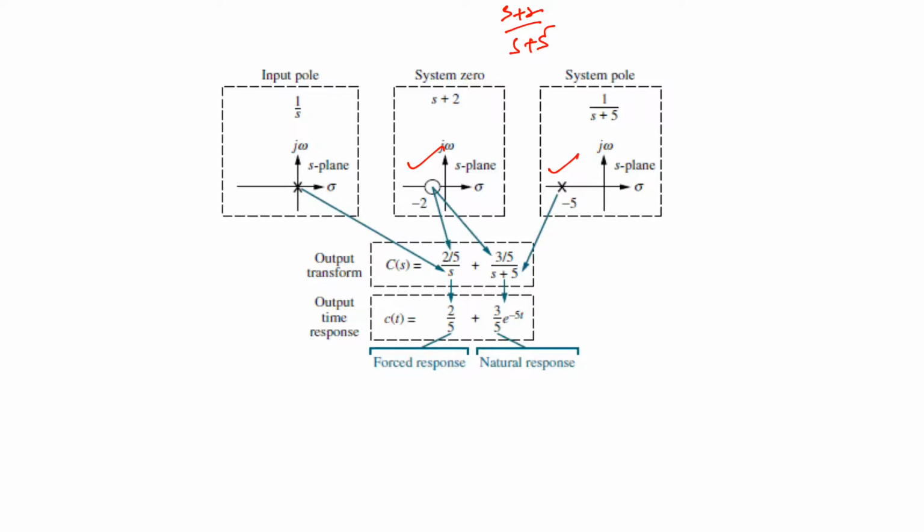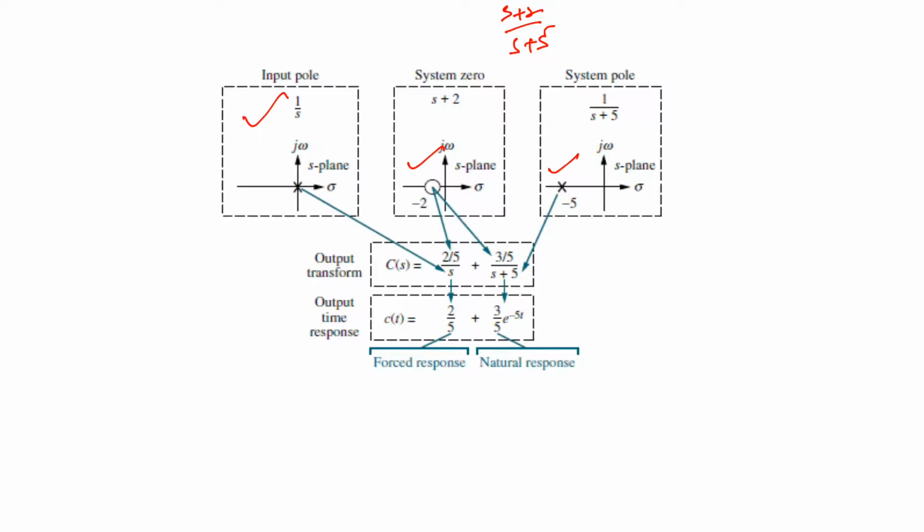The input pole is 1 by s, which is represented like that on this axis. For the input pole 1 by s, s equals 0, so it is at the intersection point.